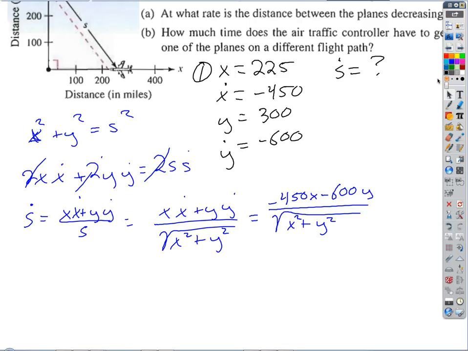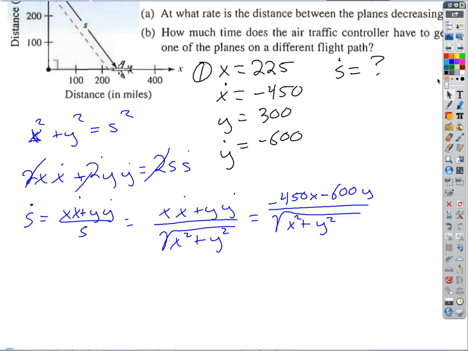But what are you gonna do if you're the air traffic controller up there and you're trying to figure out how much time you've got? Can you plug in X, Y, and S is 0? You could. Okay, so you've got this equation, you're trying to figure out when they're going to crash into each other, right? So really in this case, what you're trying to find is when is S equal to 0.